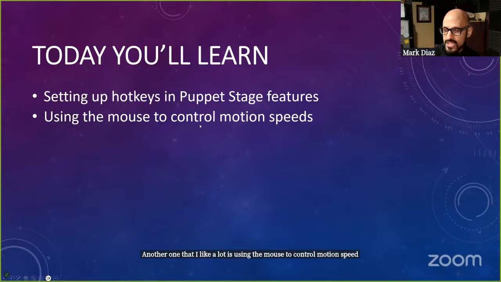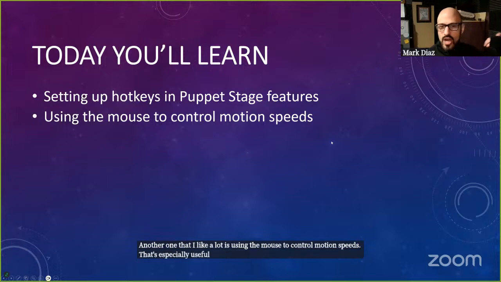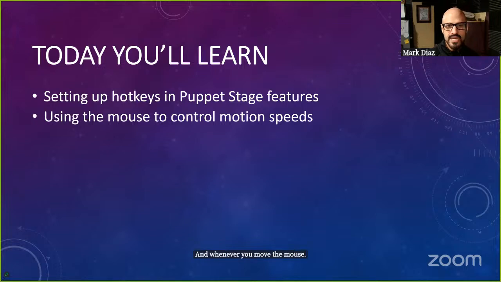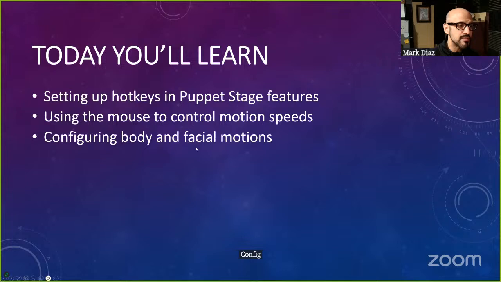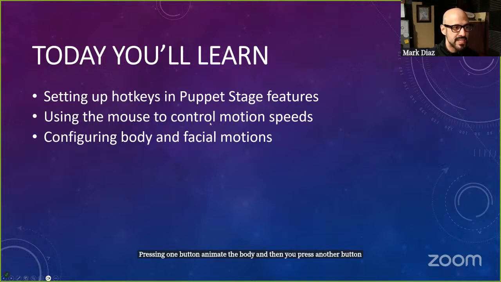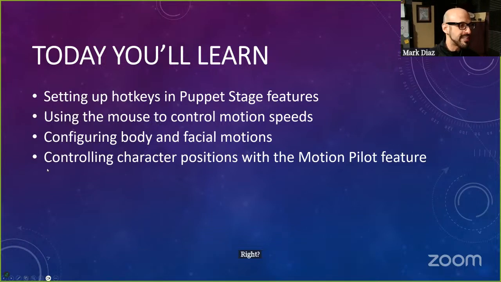That's especially useful for characters that are running, and whenever you move the mouse, it's animated, right? And then another one is configuring body and facial motions, because you can press one button and it animates the body, and then you press another button and it animates the face. And both can be animated at the same time, right? And then controlling the character positions with the motion pilot feature.